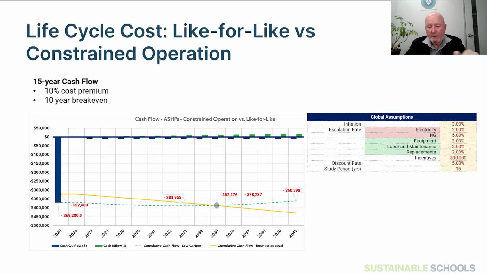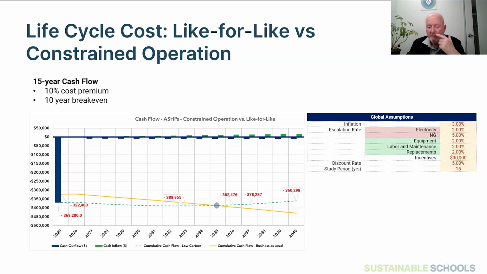So the yellow line is if you just buy a regular gas-fired DX cooled rooftop unit. The yellow line is the economic picture going up for 15 years to 2040. The green dotted line, you can see the cost premium at the beginning. It's just a bit more expensive. And it crosses with these assumptions at about 10 years. And this is a 10% cost premium that we've allowed for here.